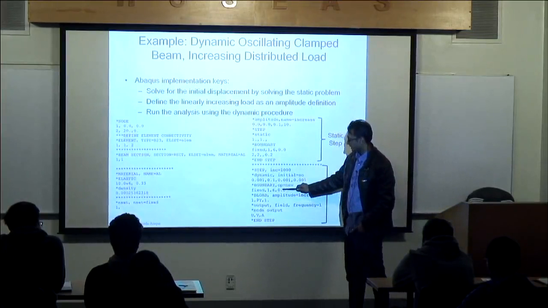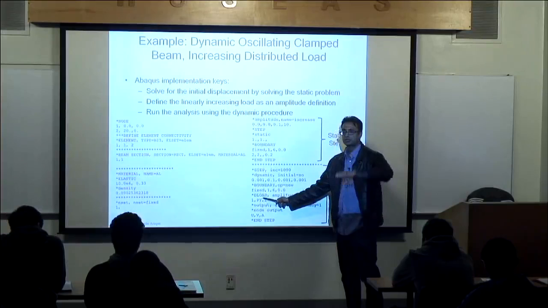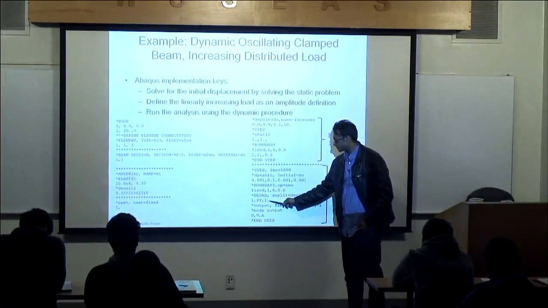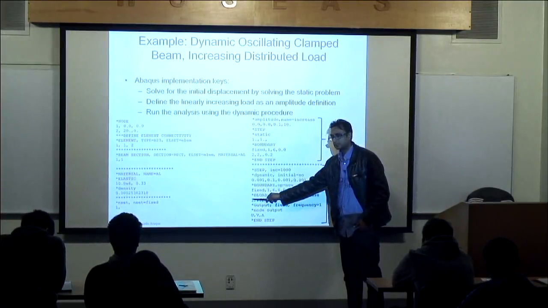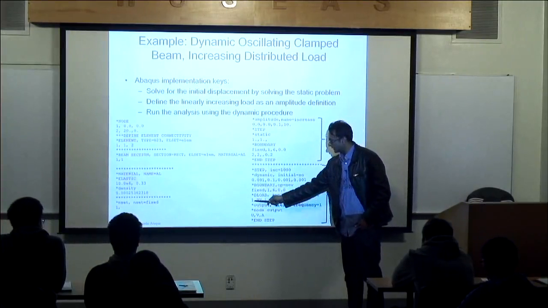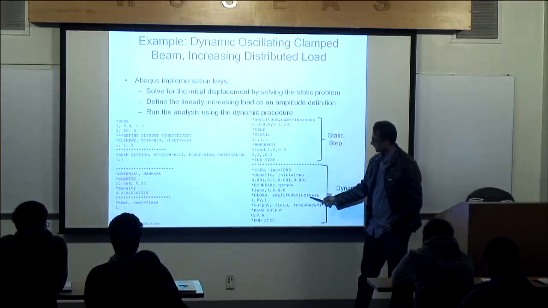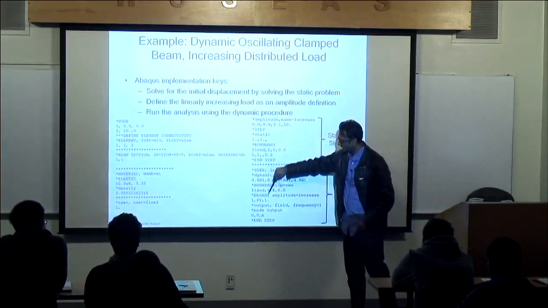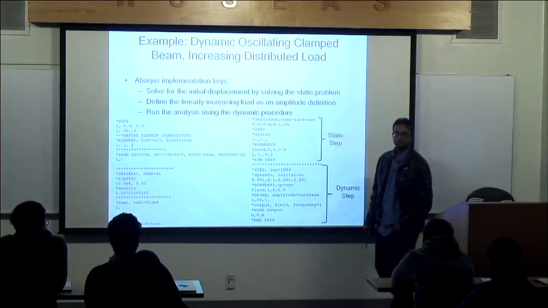Fixed on the left-hand side, I have a distributed load that's uniform. You see this Py, that's a distributed uniform load of 1.0 on element 1. I have only one element, and I have referenced increase here. So it's going to use that amplitude and apply it to that distributed load. You follow it?